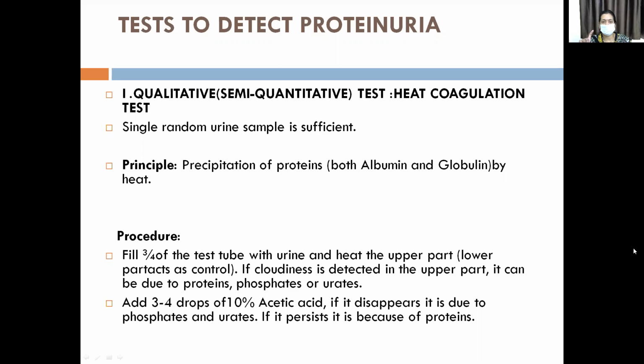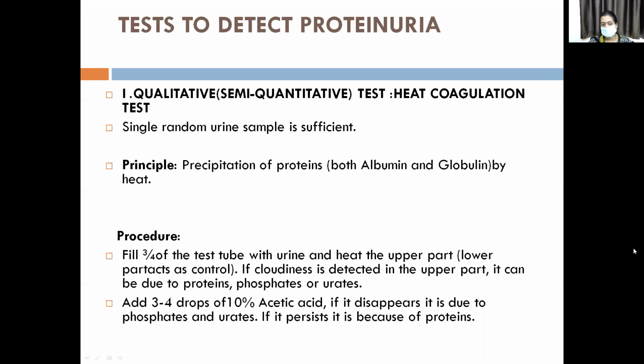So I'll write the principle, then the procedure for heat coagulation. Take the test tube three-quarters full, and heat only the upper part. There will be cloudiness appearing in the upper part, which is exposed to the heat. The lower part is not heated so it can act as a control, a standard that we compare with.